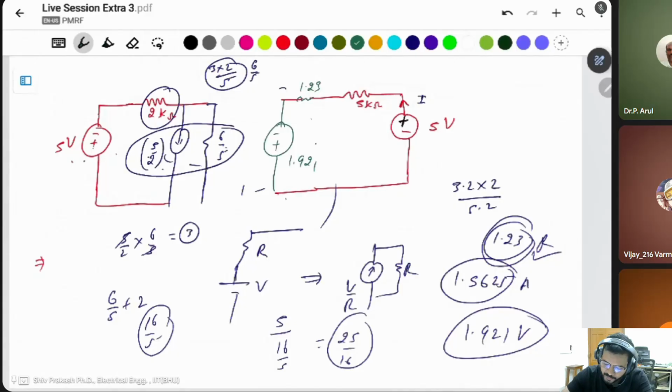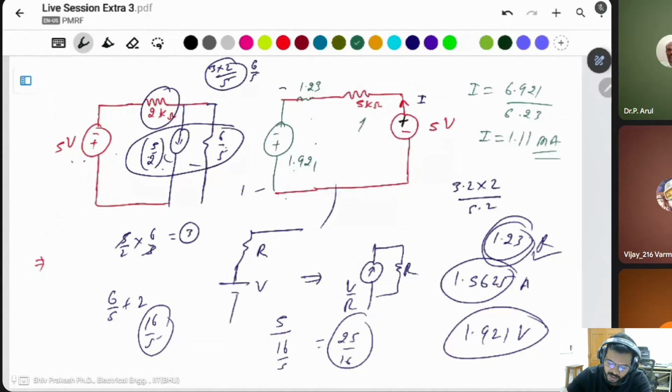Then you simply use I is equal to 5 plus 1.921, which is 6.921, divided by your impedance, 5 plus 1.23 is 6.23. 6.921 divided by 6.23 gives I equal to 1.11 milliampere.